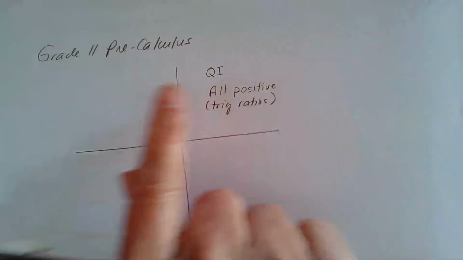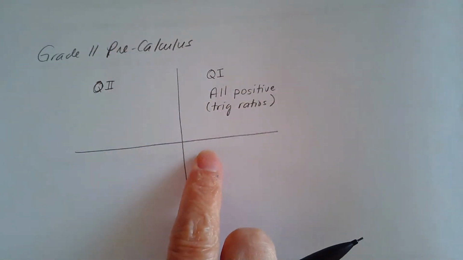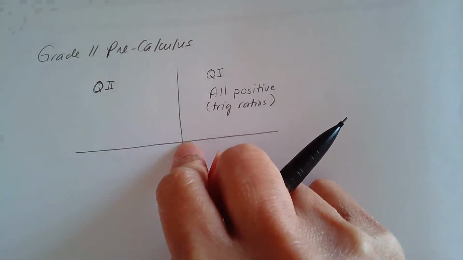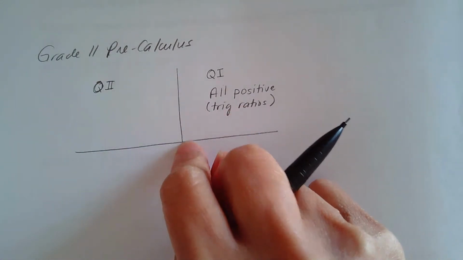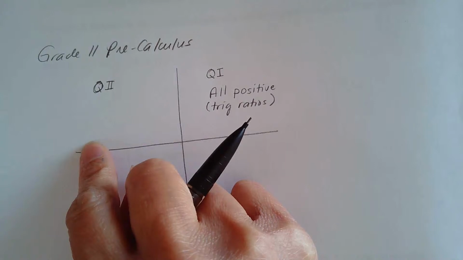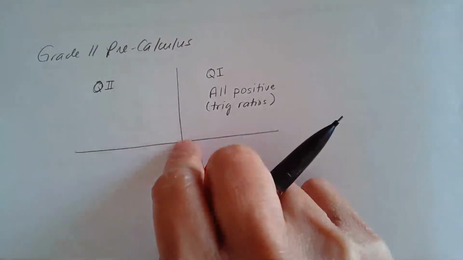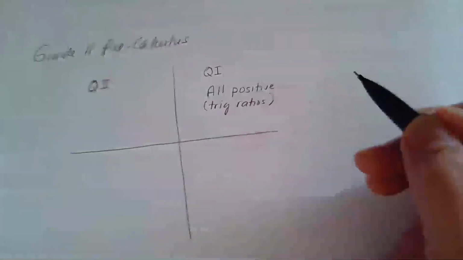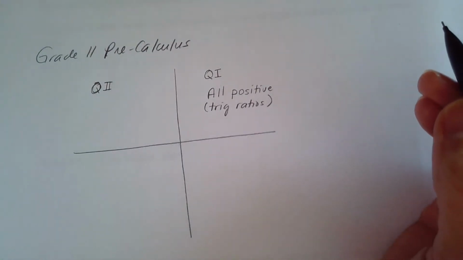Now in quadrant number two, well, what's positive? The y is positive, the x is negative, so that means the tangent is also negative.